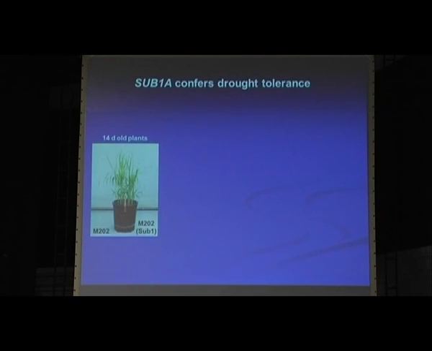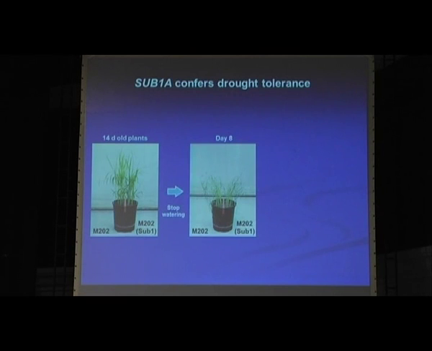To test the effect of SUB1A on dehydration stress tolerance, first of all, we grew M202 and M202 sub1 plants in a single pot. These are 2-week-old seedlings, so they are developmentally identical. Then we stopped watering for 8 days to create a dehydration condition. Both genotypes are exposed to dehydration equally in a single pot.